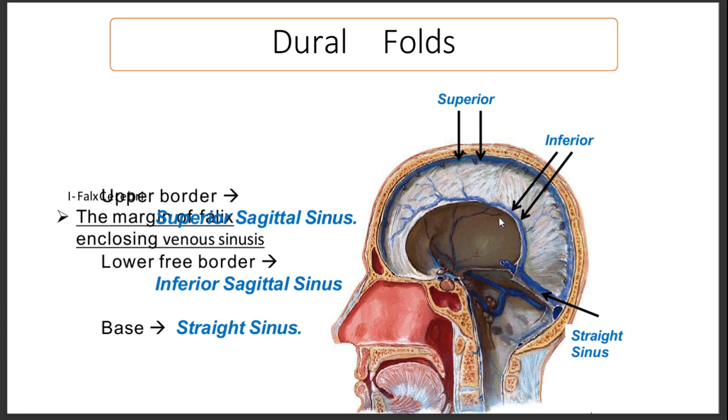And then you have got this one which is down, which is the inferior sagittal sinus. So the upper margin has got the superior sagittal sinus, the inferior margin, the inferior sagittal sinus, and then on the base, you have got what we call the straight sinus. Okay, so take note of that. Very, very important here.